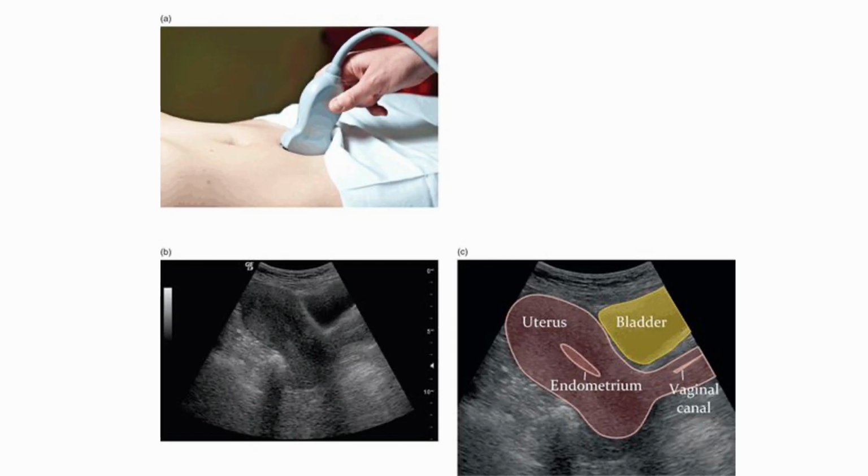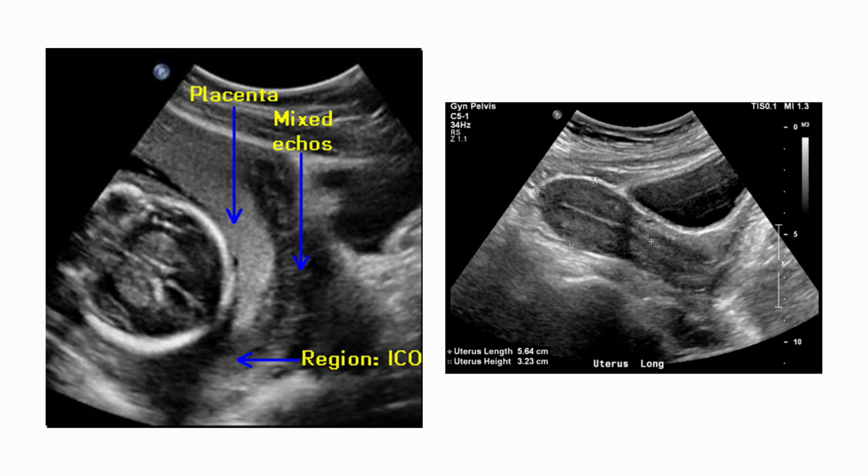So again, there's some more pictures so you can see the position of the sonographer's or the midwife's probe, and then the image that it would show on a gynecologic patient. And then this one is very helpful when you're trying to look at the placenta location. So is the placenta low? Is it a placenta previa? Often they will look at this image in this photo where it says mixed echoes.